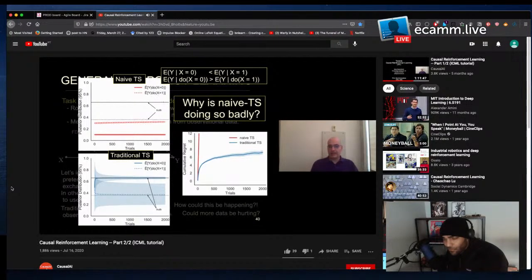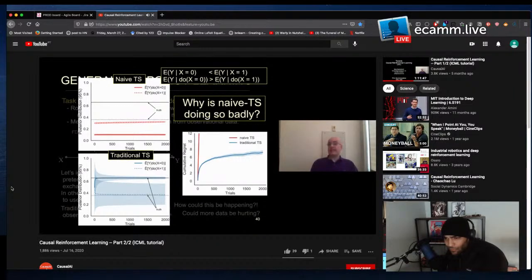Y given do x0 is greater than do x1. In the data coming from the hospital, Y given x1 is greater than x0. I'm plotting the number of rounds, and the posterior here has a 95% confidence interval.